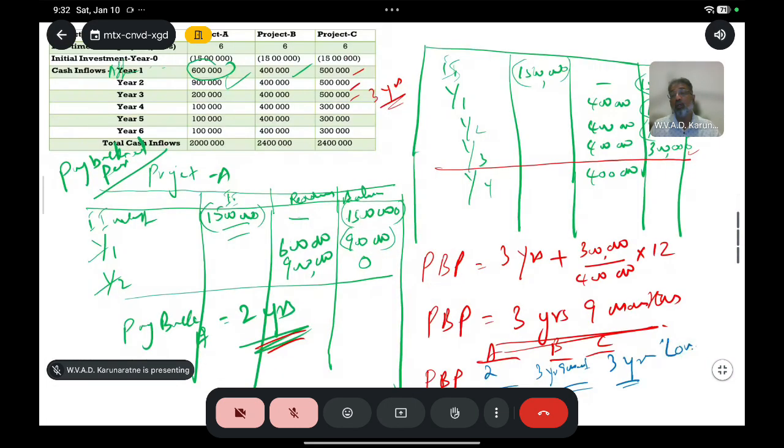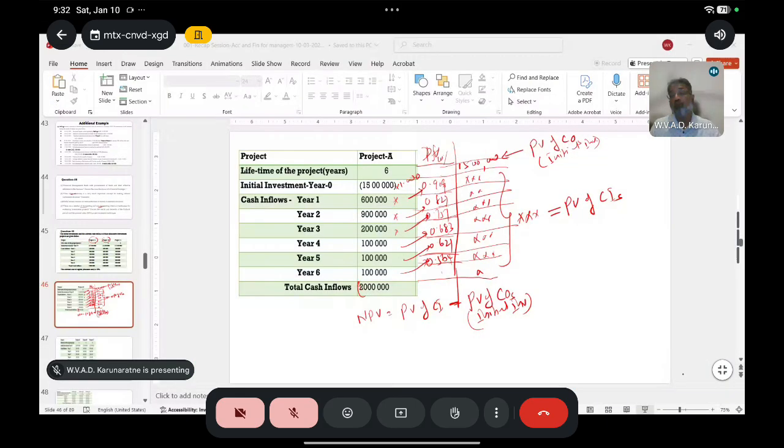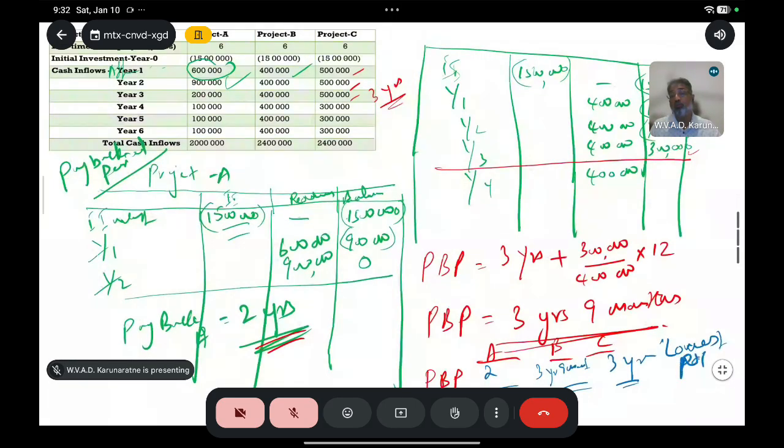Then you have to select the lowest payback period. What is the lowest payback period? Project A is better as per the payback period method. What is the reason? Because within a shorter period we can recover our initial investment.